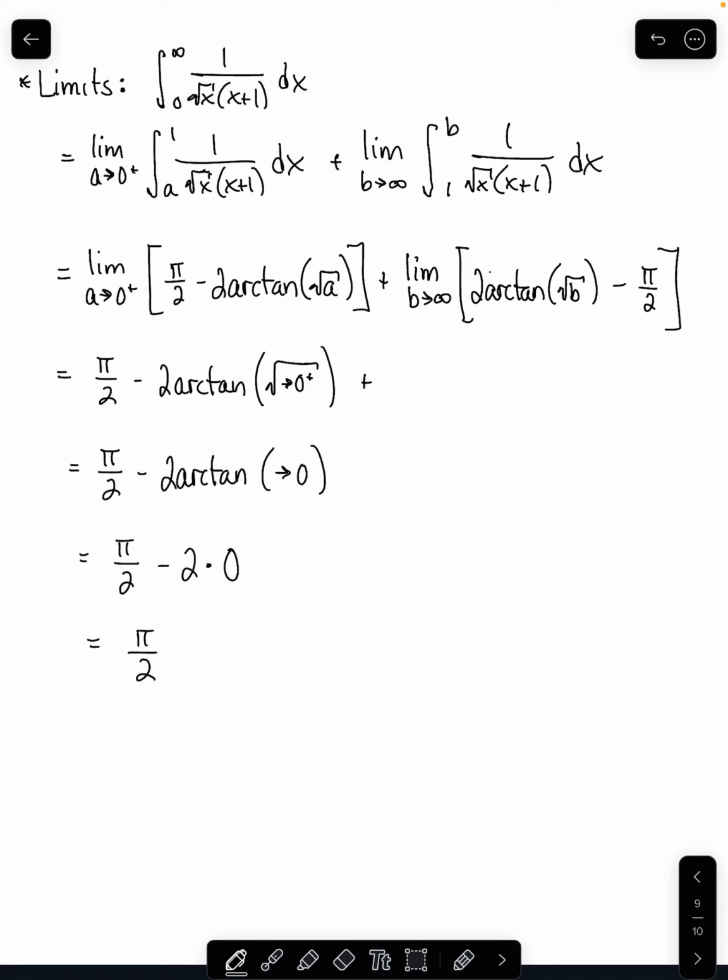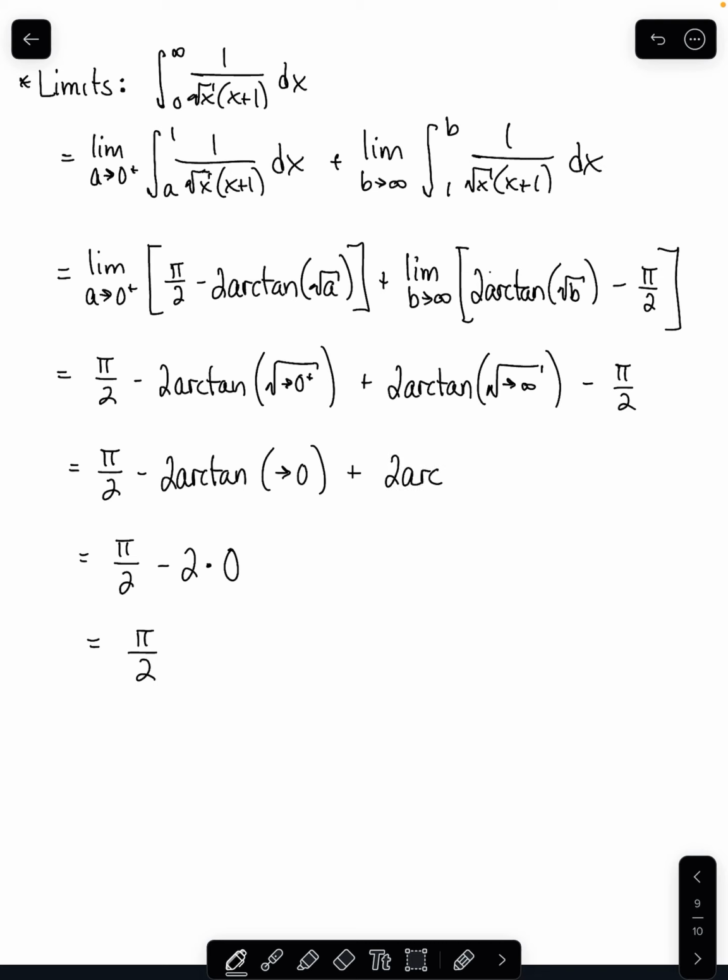As for the second limit, we now have 2 times the arctangent of the square root of something that is getting bigger and bigger and bigger. And of course, minus pi over 2, as a constant, is not affected by the limit. The larger a value gets, the larger its square root gets.